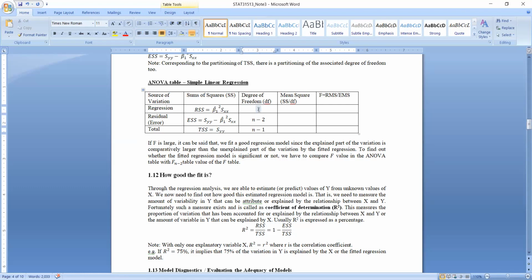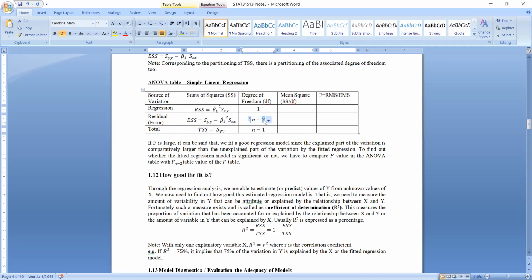The degrees of freedom associated with residuals is n minus 2. Here n is the number of observations in your data set, and 2 is the number of parameters in your model.